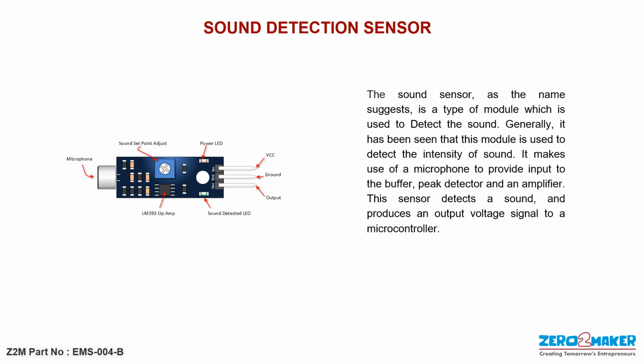Sound detection sensor. As the name says, it detects sound. Here a microphone is available and 3 pins are available: VCC, ground and output pin, and we can set the set point using the potentiometer which is available. LM393 amplifier IC is also used here in the sensor.